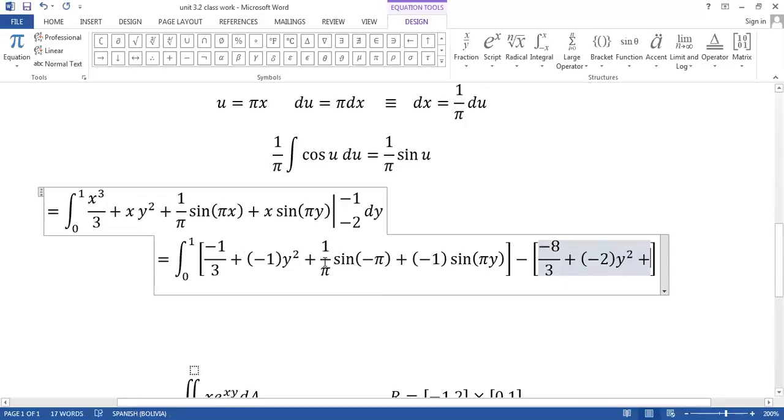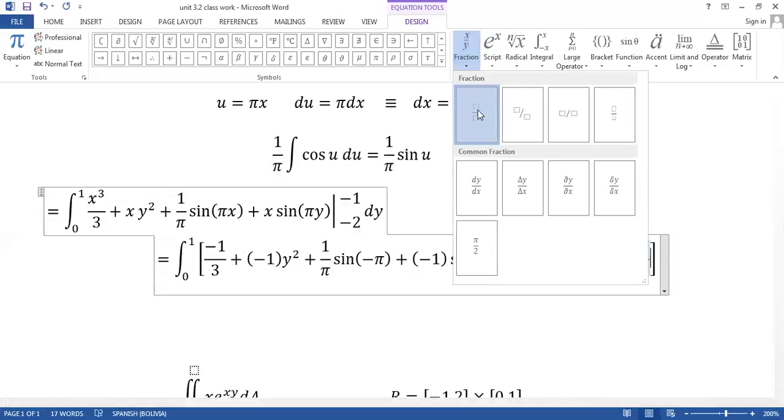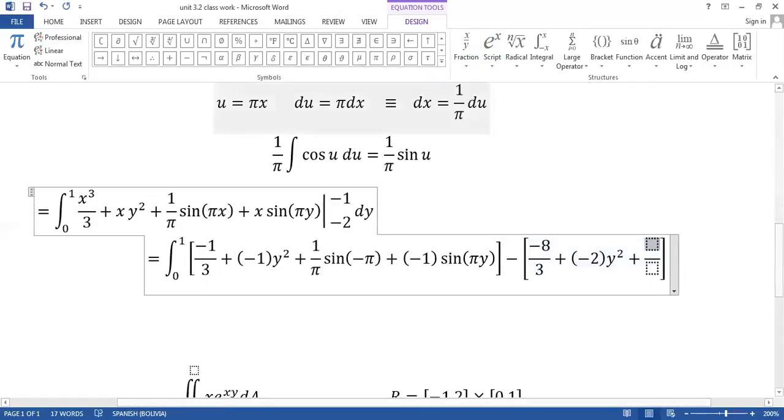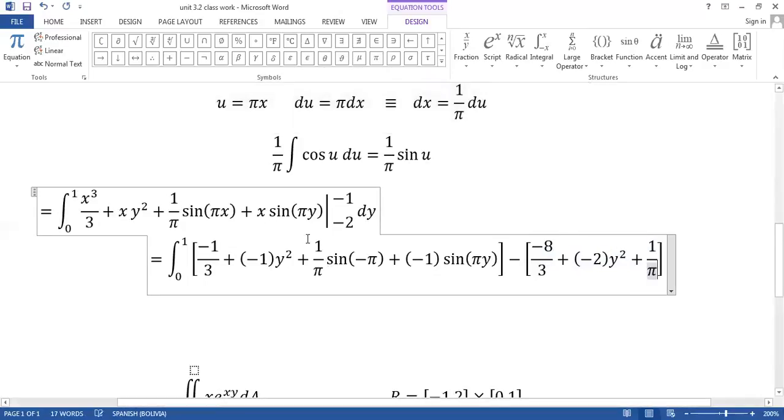Okay, this term here. Oh, sorry, this is where I'm supposed to be looking. I'm putting -2, so it's going to be 1 pi sine. This is going to be -2 pi, right?